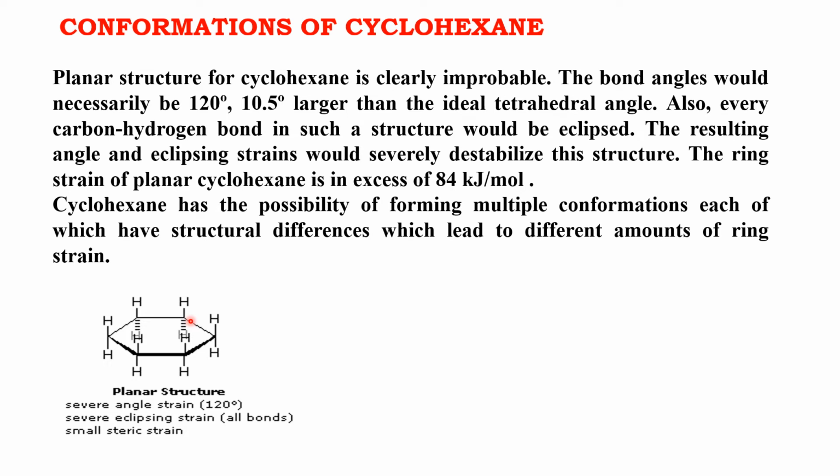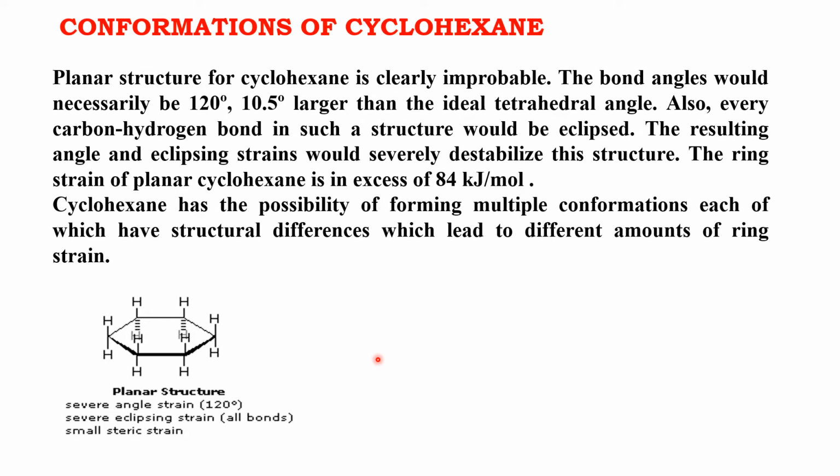There are no double bonds or triple bonds. That means the carbon atoms are connected to another carbon atom through carbon-carbon single bond. So we expect a bond angle of 109 degree 28 minutes because it is a tetrahedral hybridization.